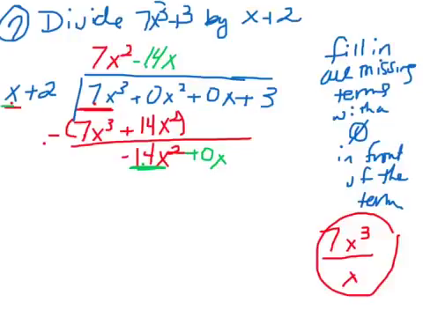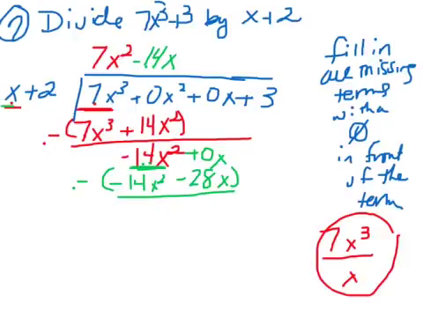Negative 14x times x would be negative 14x squared, and negative 14x times 2 would be negative 28x. Right, don't I? So I'm going to go, okay, I got to subtract all of that. So negative 14x squared minus negative 14x squared becomes negative 14x squared plus 14x squared, which is 0, right?